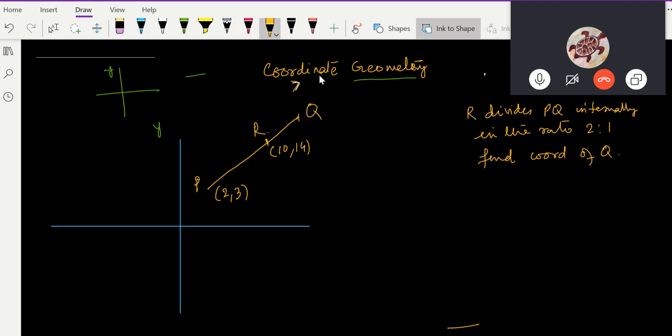So how will I do it? We can use the same formula and put the values of P and R, and the ratio also, and then we can get Q. What are the values we are going to put?